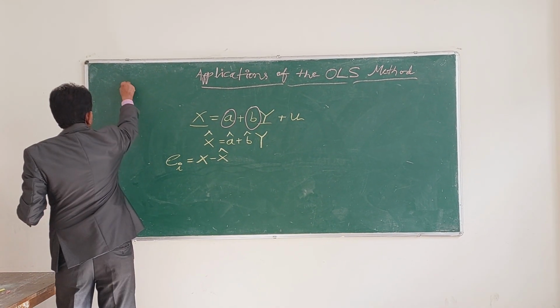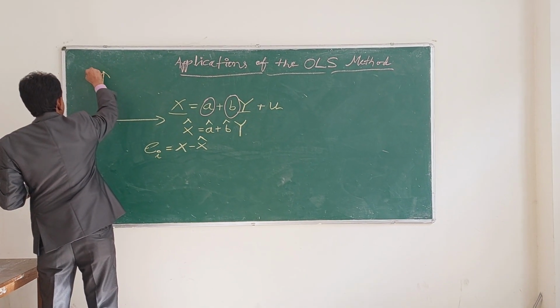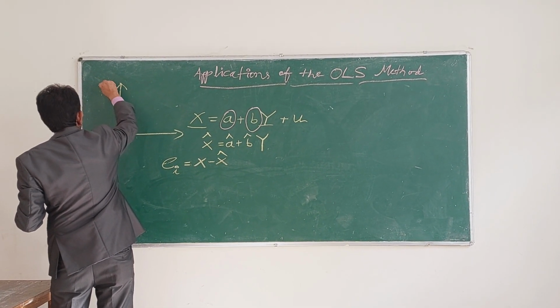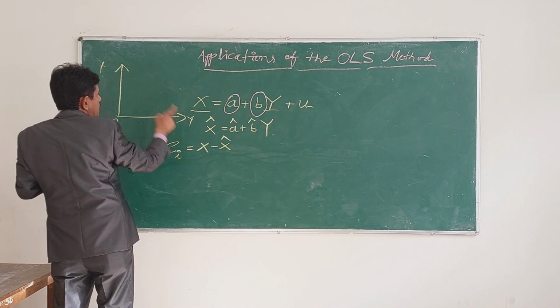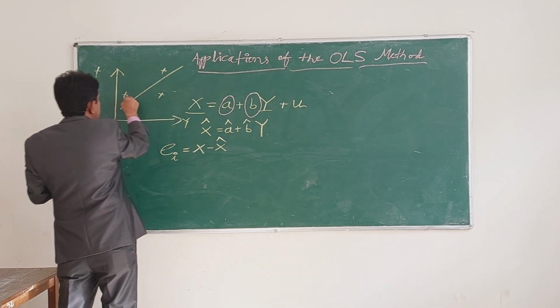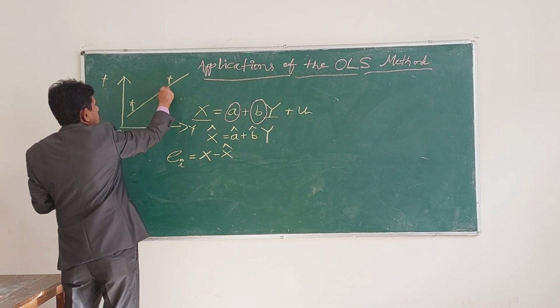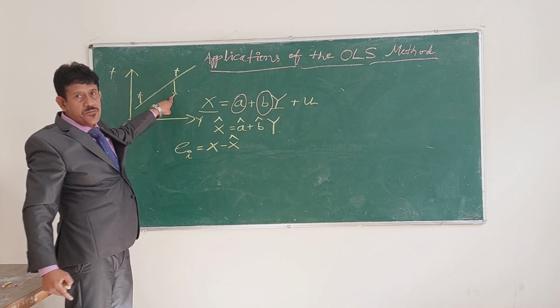So in this diagram, this is x, this is conjunction, this is income. These are the values of x minus x cap.